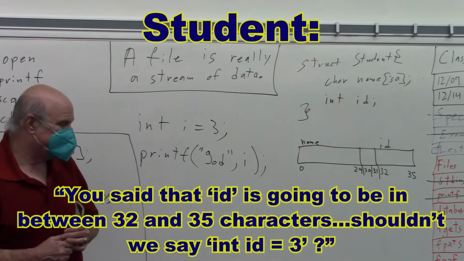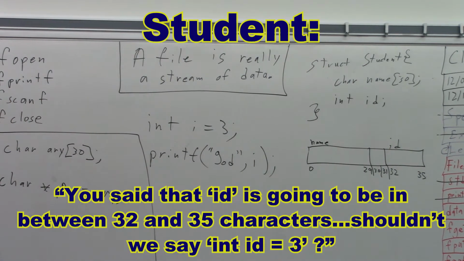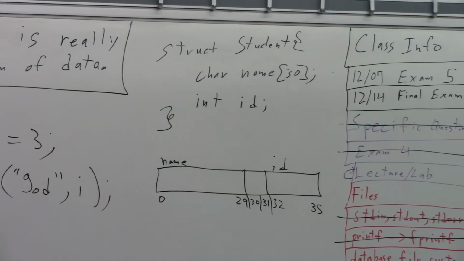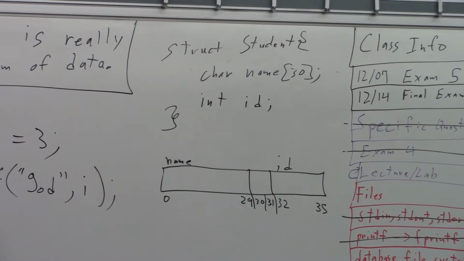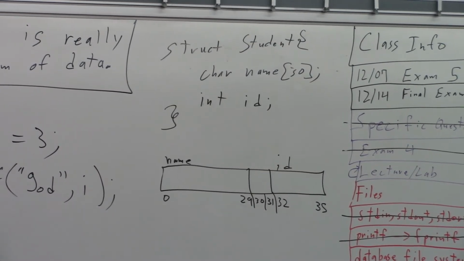You said that ID is going to be in between 32 and 35 characters. Shouldn't we say int ID equals 3? No, I've just declared a structure. There's no variable there. This is what the structure would look like.